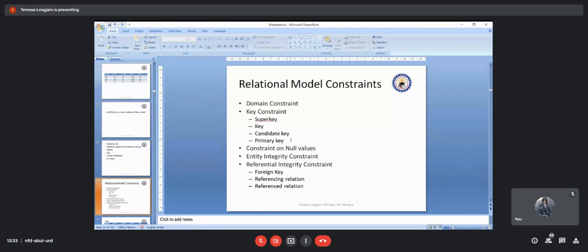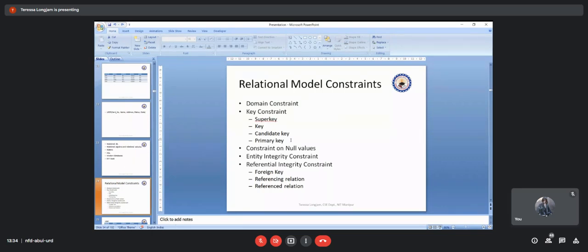Why? Because if we remove anything from that super key, then it is no more a super key, meaning it will not be able to uniquely identify a tuple. Those minimal super keys are known as keys.